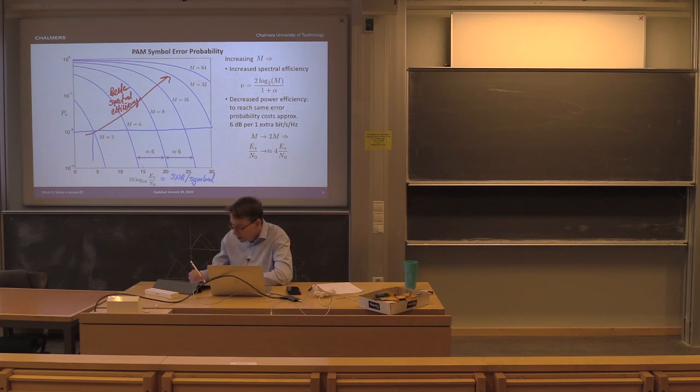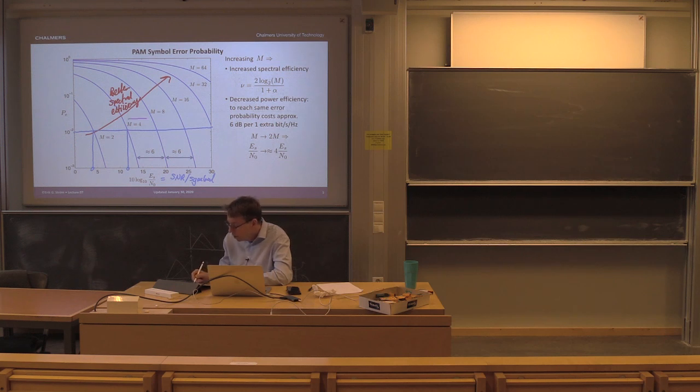We see that we get different requirements on the symbol energy, or SNR, for different modulation schemes. We get better spectral efficiency as we move here, but worse power efficiency as we go here. We need to invest more power to reach the same error probability.